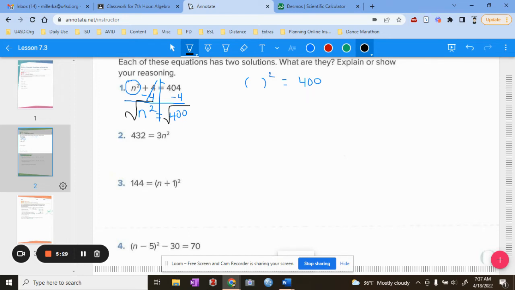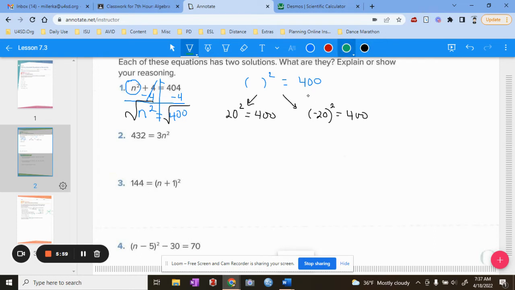Is that our only option though? So we know that 20 squared equals 400. Is there another option? If you remember, earlier I said if we do a negative number times a negative number, we get a positive. So 20 and negative 20 are the two solutions.